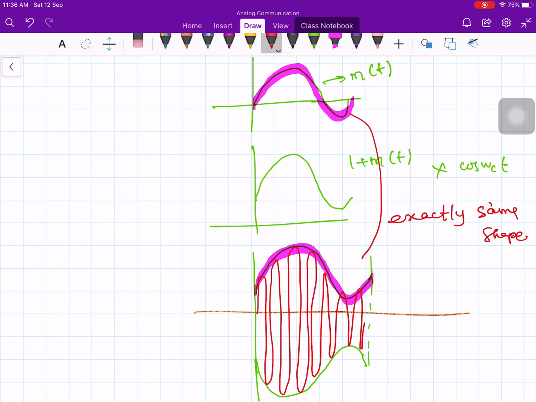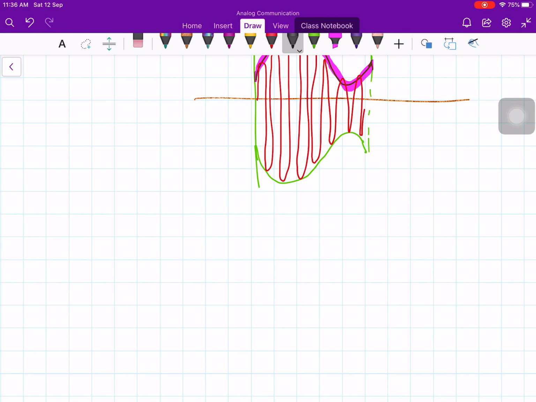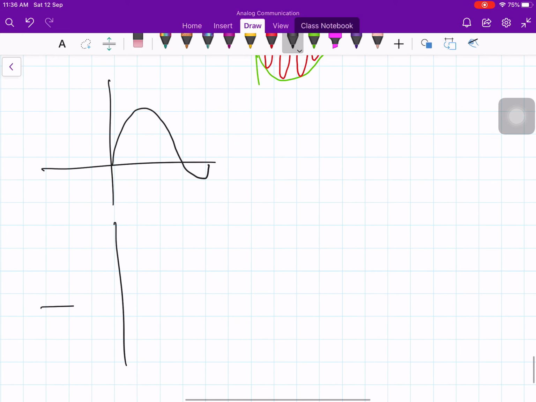So no problem. In case this crosses the zero time axis, then what will happen? Let me take that case separately. In case your signal crosses the time axis, then what happens? Your modulated signal will look like this.